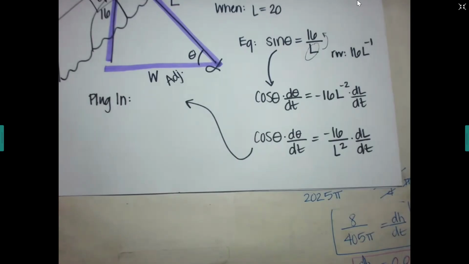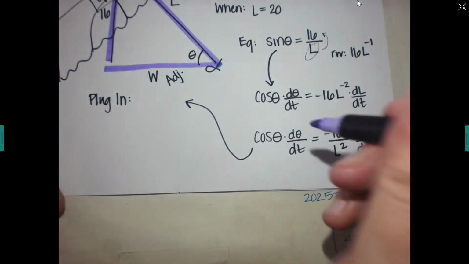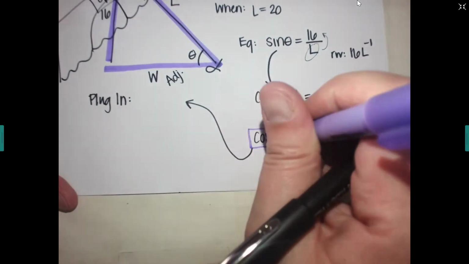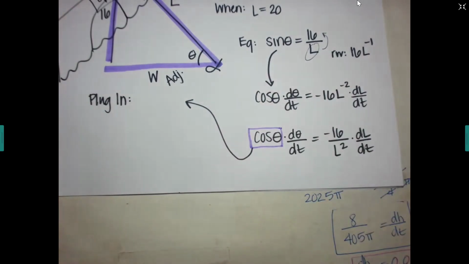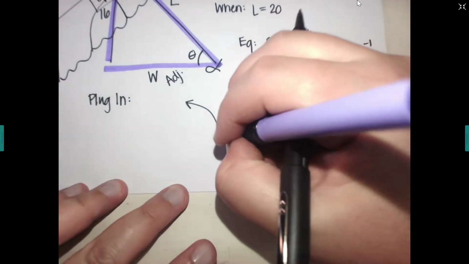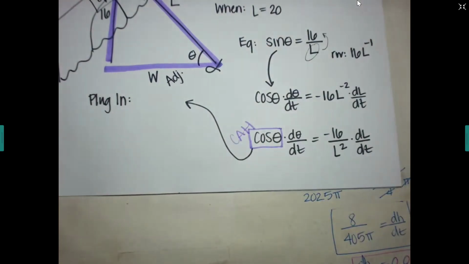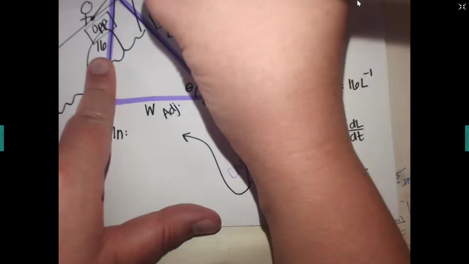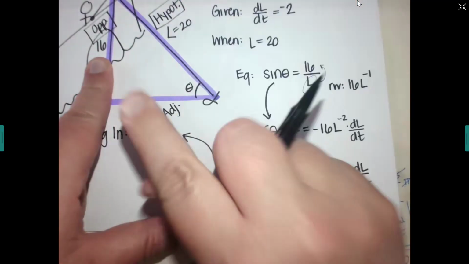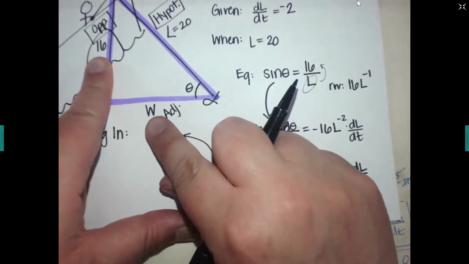For my cosine, I'm going to use SOH, CAH, TOA. Which one would cosine be? CAH, very good. And which sides would I use for cosine? I want the adjacent and the hypotenuse. Now, I know the hypotenuse, but I don't know the adjacent. Can I find it? Yeah, if this is 16 and I know my L is 20, then I can find the adjacent to plug into my cosine.